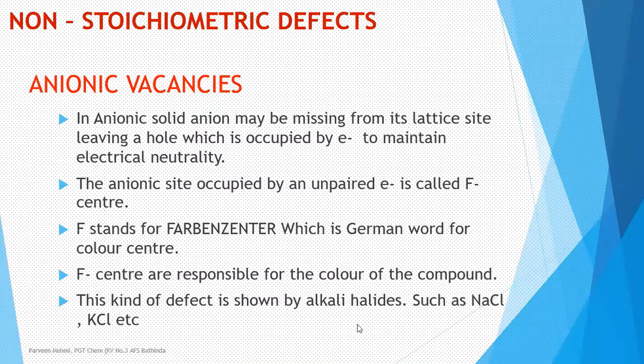F stands for Farbenzentrum, which is a German word for color center. F centers are responsible for the color of the compound. This kind of defect is shown by alkali halides such as NaCl, KCl, etc.